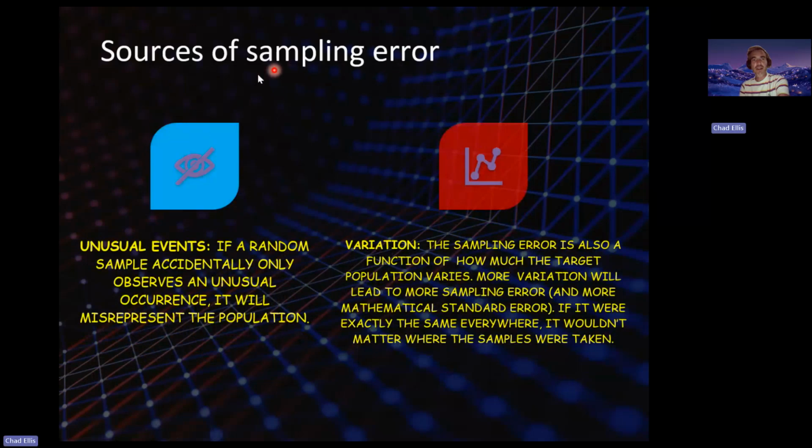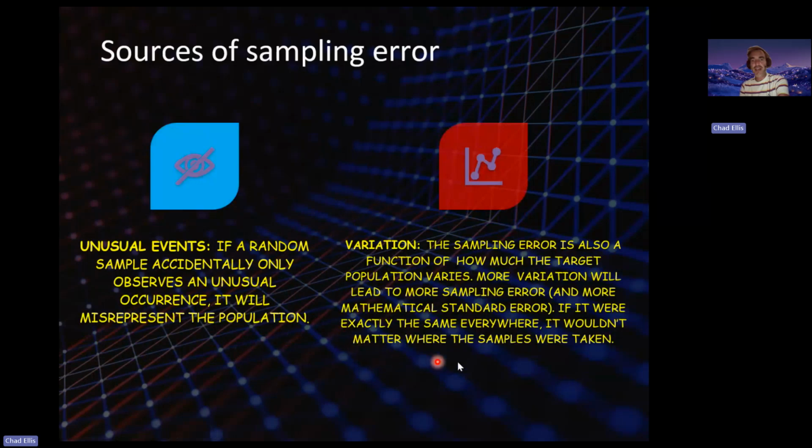Some sources of sampling error, one of them is unusual events, right? If a random sample only observes an unusual occurrence, you go out and sample some strange portion of your data set, maybe at a strange time, you're going to get a sample that's very unrepresentative of your overall population. It's going to misrepresent what's going on in the overall population.